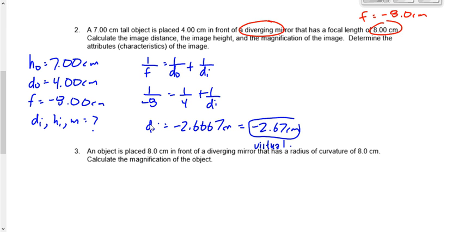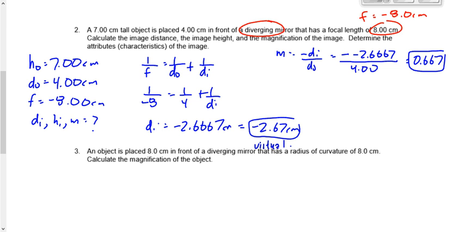Now let's find M. Negative DI over DO. That's going to be negative negative 2.6667 over DO, which is 4.00, which gives me a magnification of 0.667. The fact that that's positive tells me that it's upright.